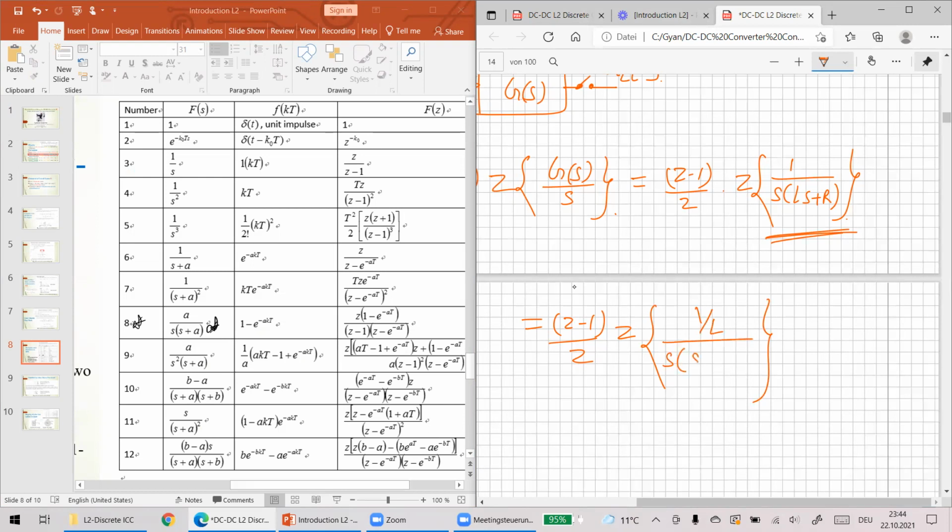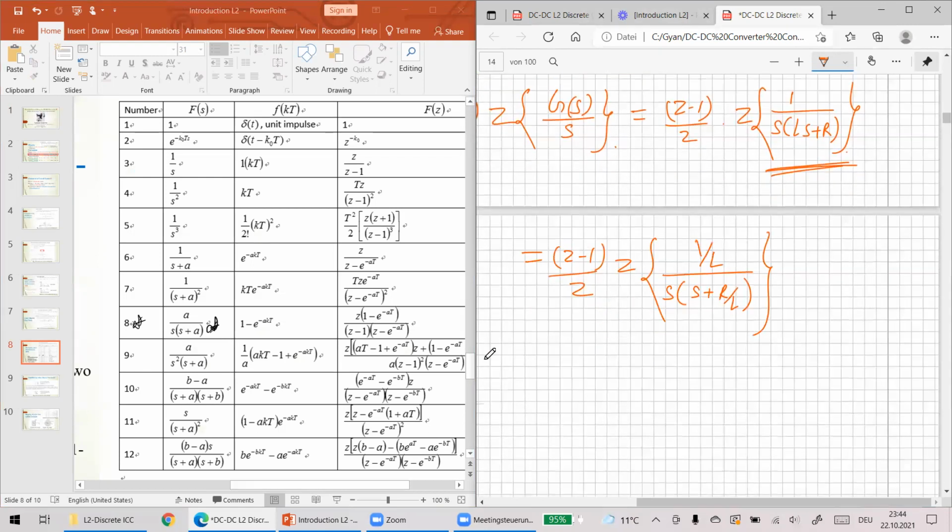And we will get S plus R over L. And now the S is free from any term, but we can see that both numerator and denominator should have the same variable. So then what we do is we multiply with R on numerator and denominator.